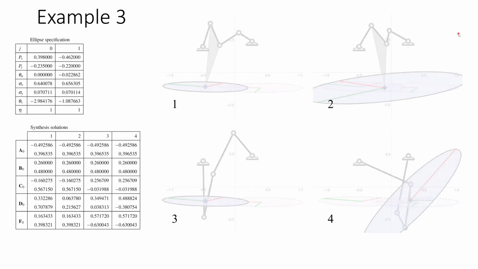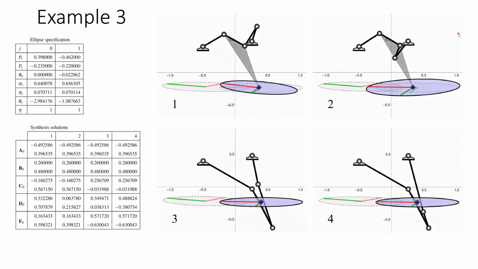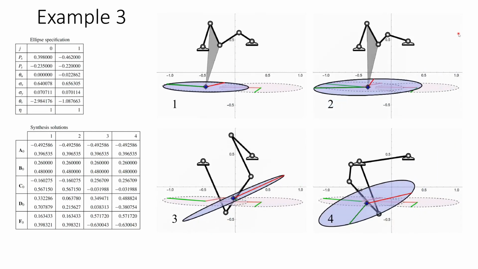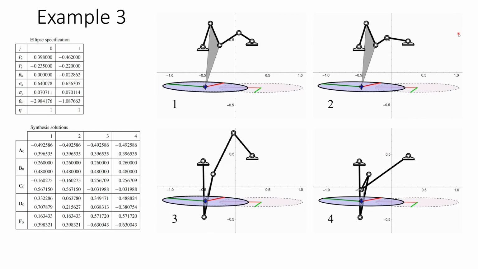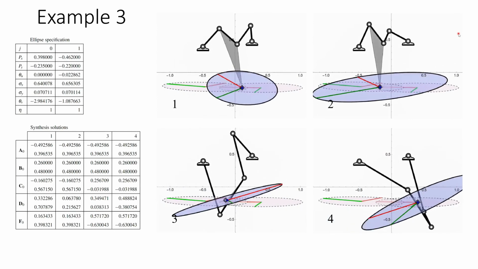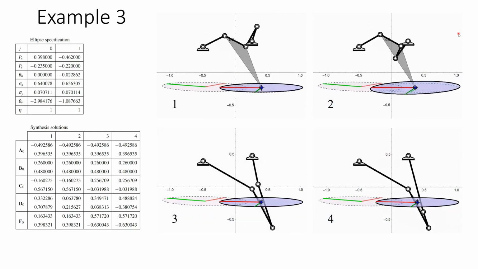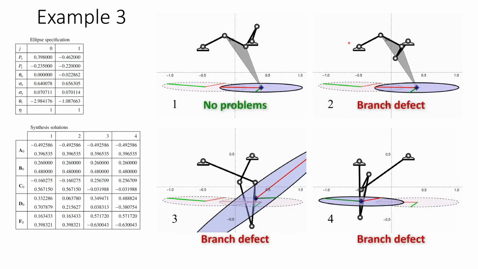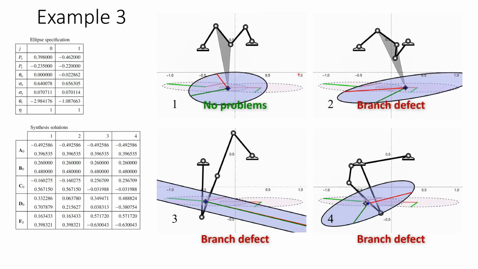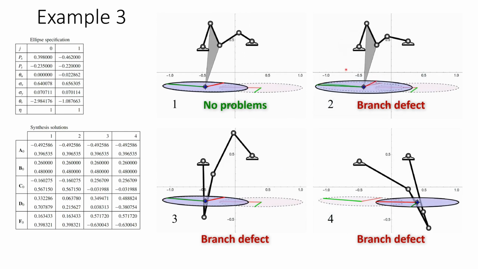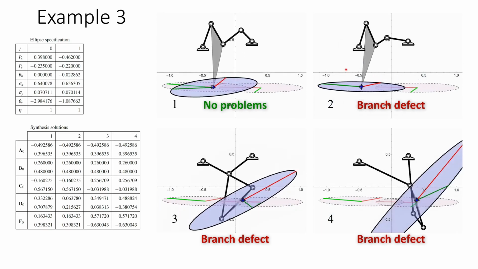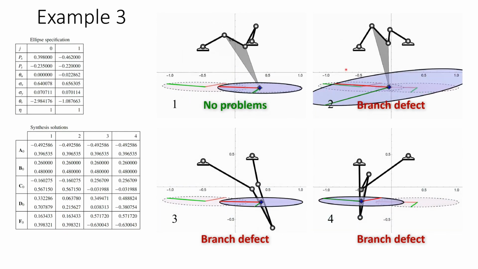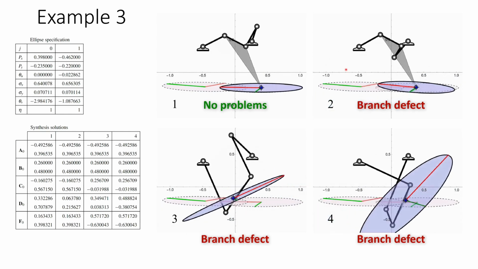For the third example, ellipses were specified with a flat aspect ratio. This is in order to offer superior force transmission characteristics in the vertical direction. The first solution worked with no problems. The latter 3 solutions can transition between specified ellipses, but are required to transition through assembly branches in order to do so.